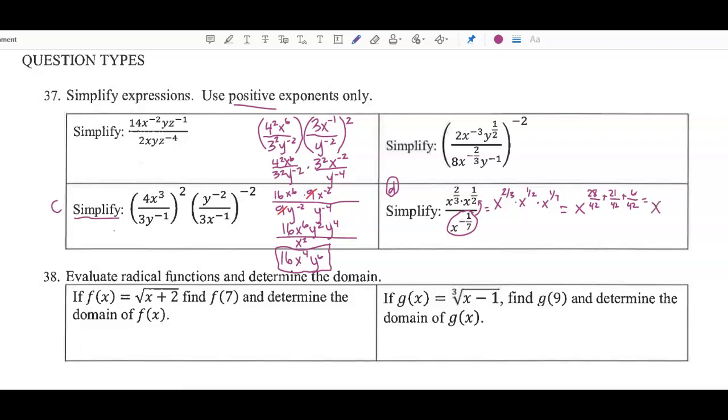So I'll have x to the, let's see, what do we get here? That's 27 plus 28, so that gives us 56 over 42. Oh my goodness.